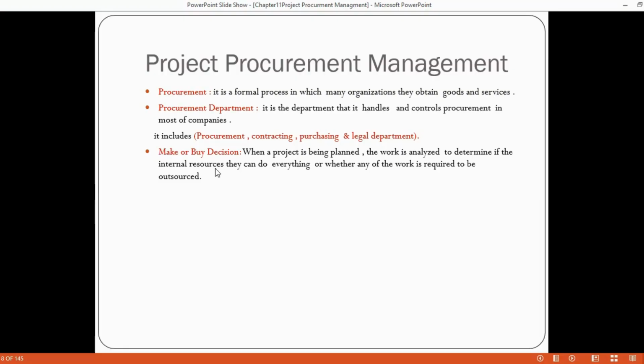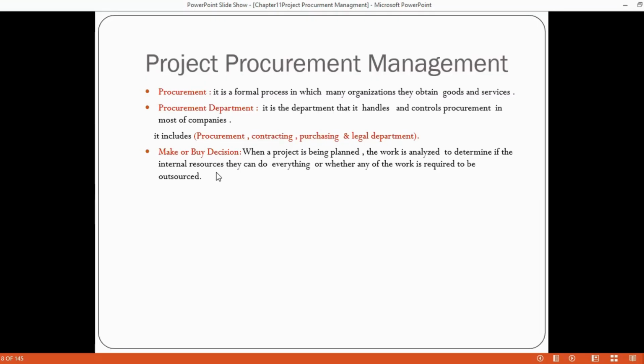So at a time throughout the project, we might make a decision: either I should make, build, and customize a product or applications, or I buy ready-made applications directly. So as the project is being planned, the work is being analyzed to determine the internal resources that can do everything, or whether to purchase directly.